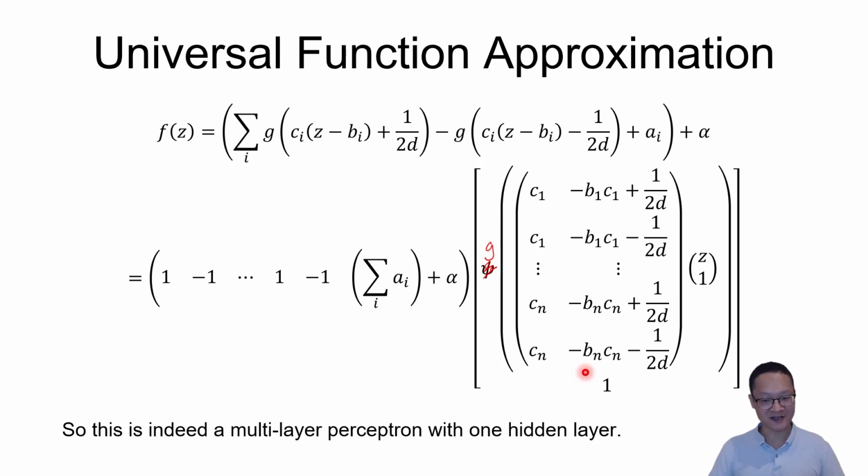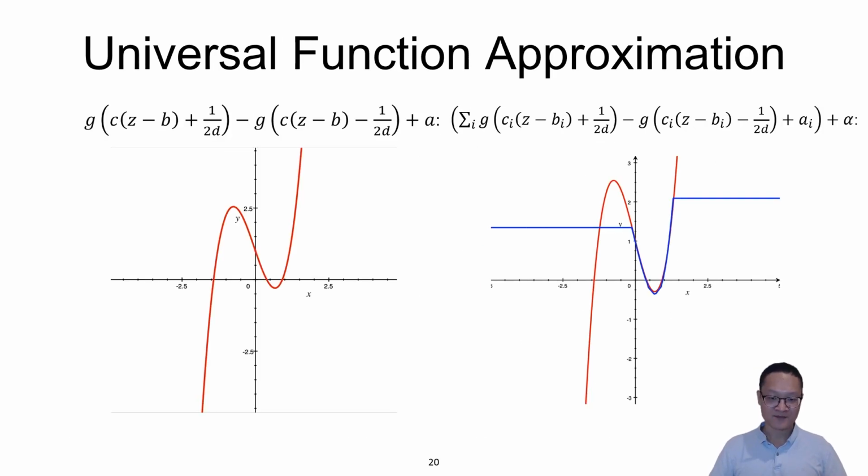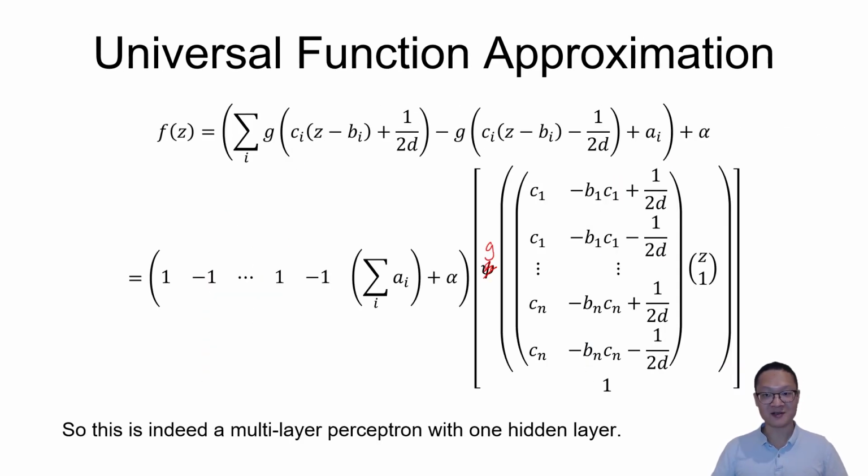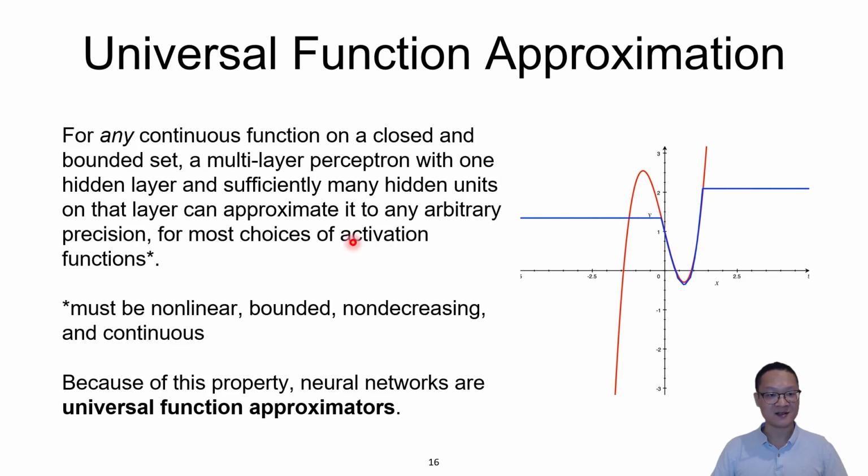So this basically shows the result that we want, which is that, again, any continuous function on a closed and bounded set, so let's say this set, we can approximate that function using a multi-layer perceptron with one hidden layer and sufficiently many hidden units on that layer.